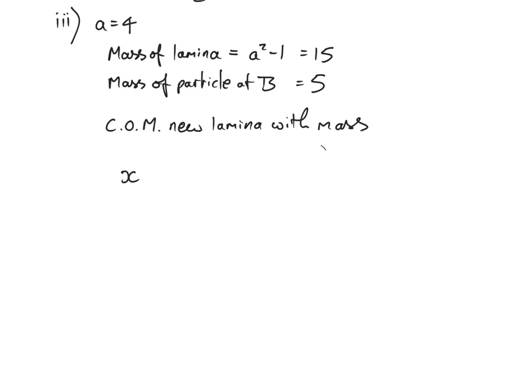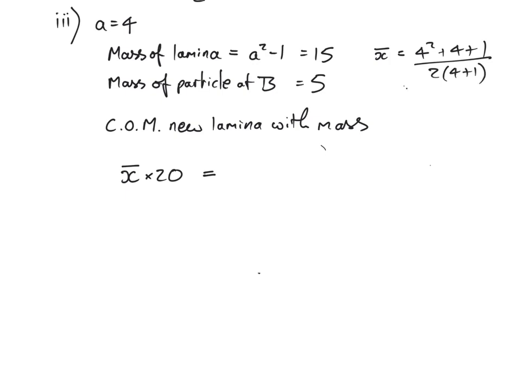So x bar times the new mass, which is now 20, with the old, let's just work this out. 4 squared plus 4 plus 1 over 2 times 4 plus 1.